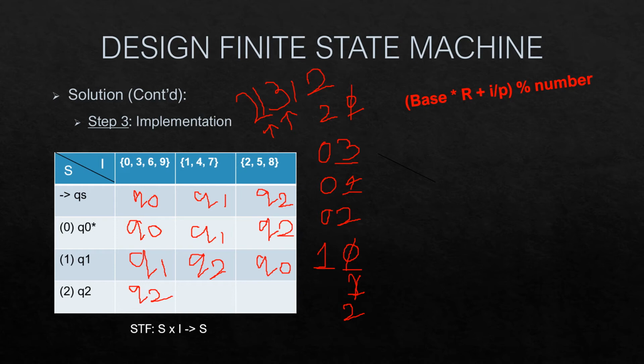If my next digit is 1, 4 or 7, I know I am going to get remainder 0. So I will go to Q0 state. And finally, if my next digit is 2, 5 or 8, it will become 22, 25 or 28, giving us remainder 1. So I will transit to Q1 state.